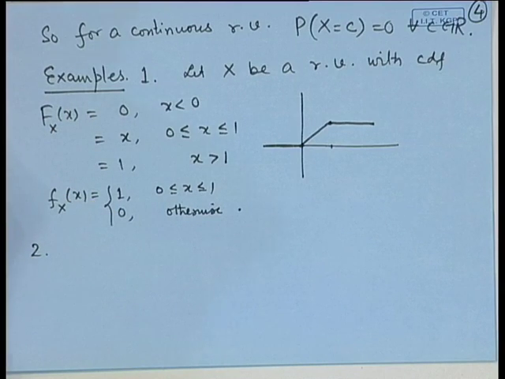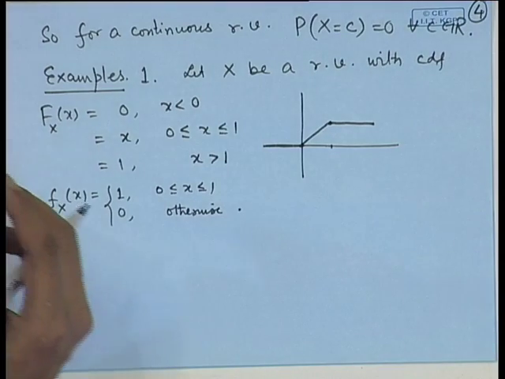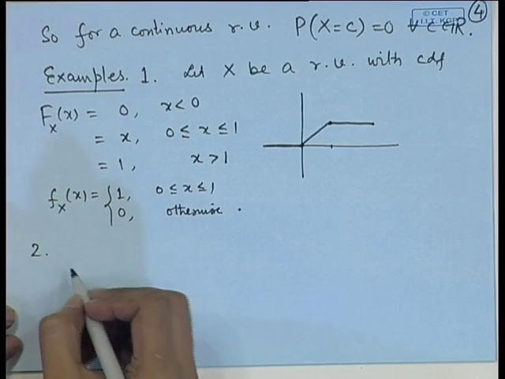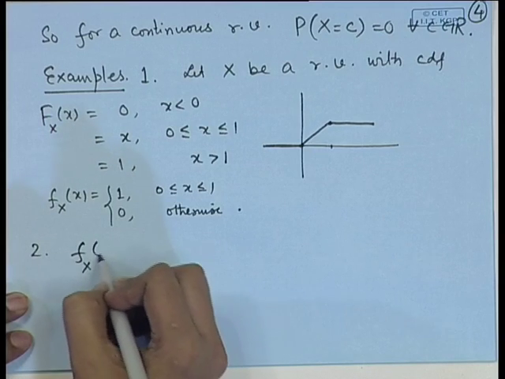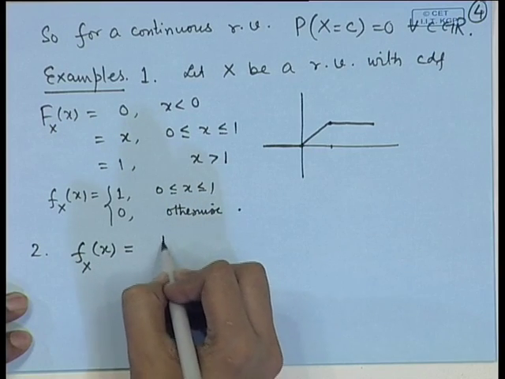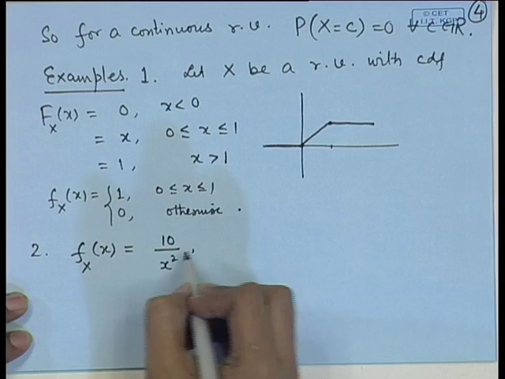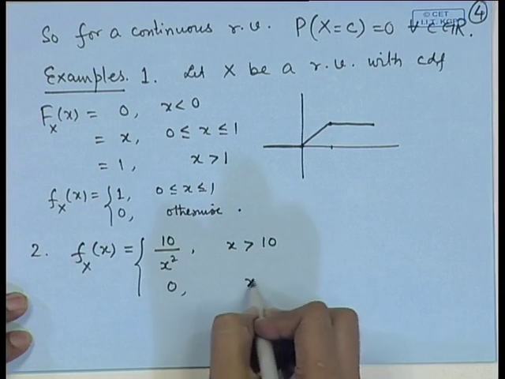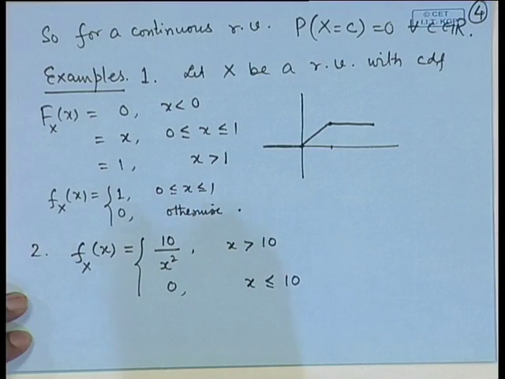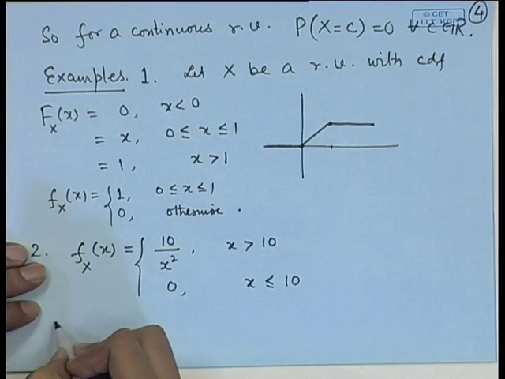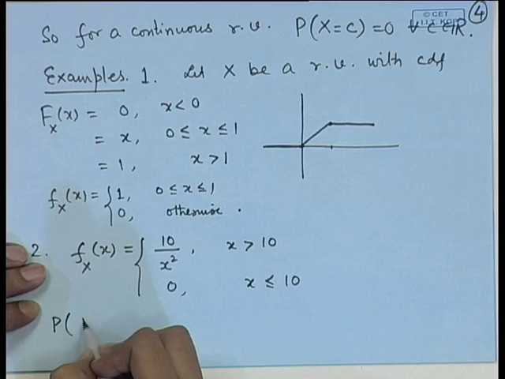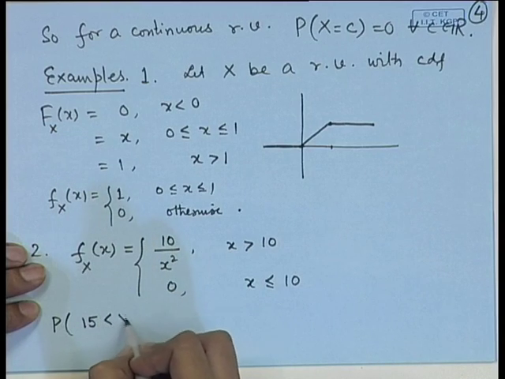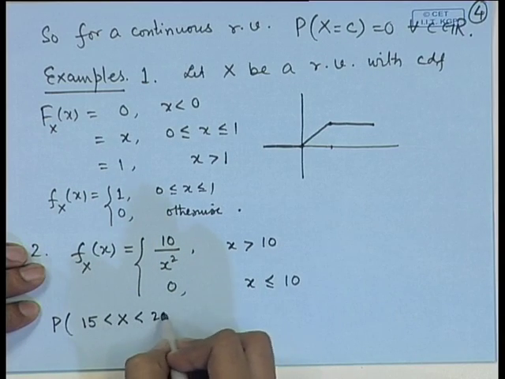Let us consider some more examples. Suppose F(x) is given by 10 by x square for x greater than 10 and 0 for x less than or equal to 10. I want to find out the probability that 15 is less than X less than 20.